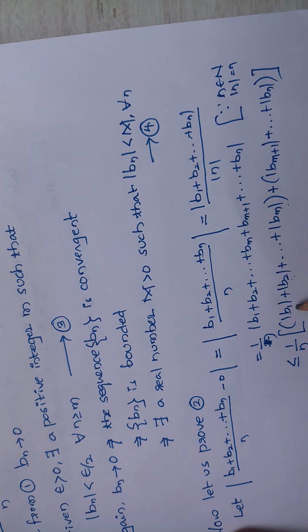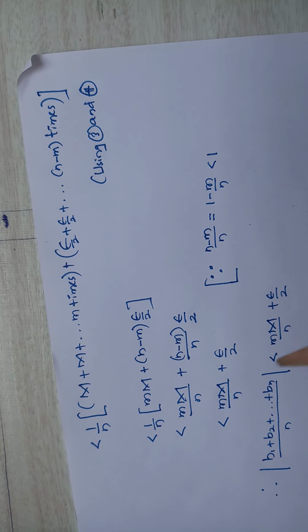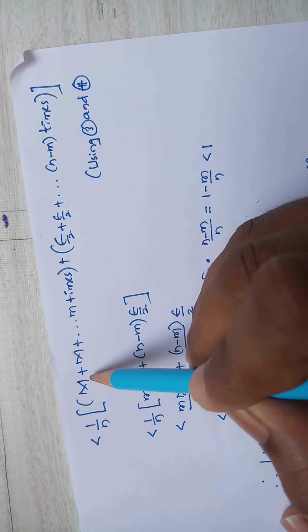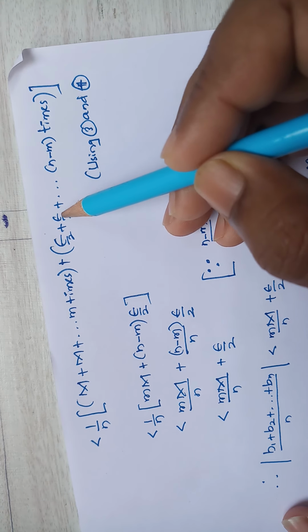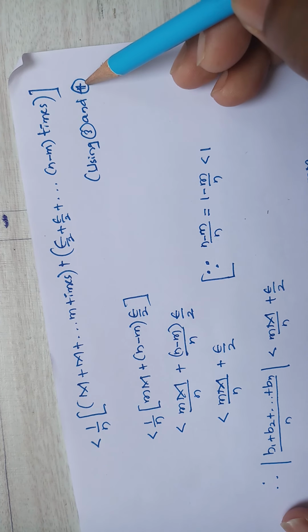So here your bound for b1 is capital M, how many times? M times. These are epsilon by 2, how many times? n minus m times. Okay, so then it will become less than 1 by n times (M plus so on M times plus epsilon by 2 plus so on n minus m times), using equations 3 and 4.